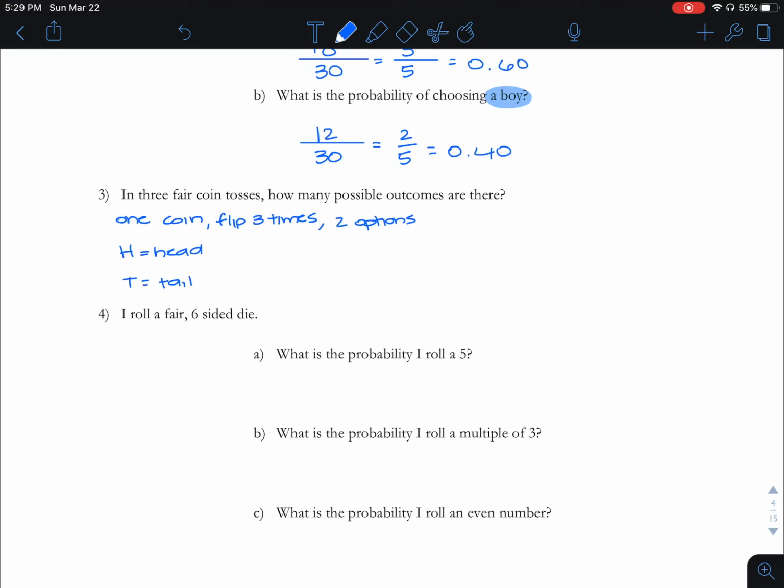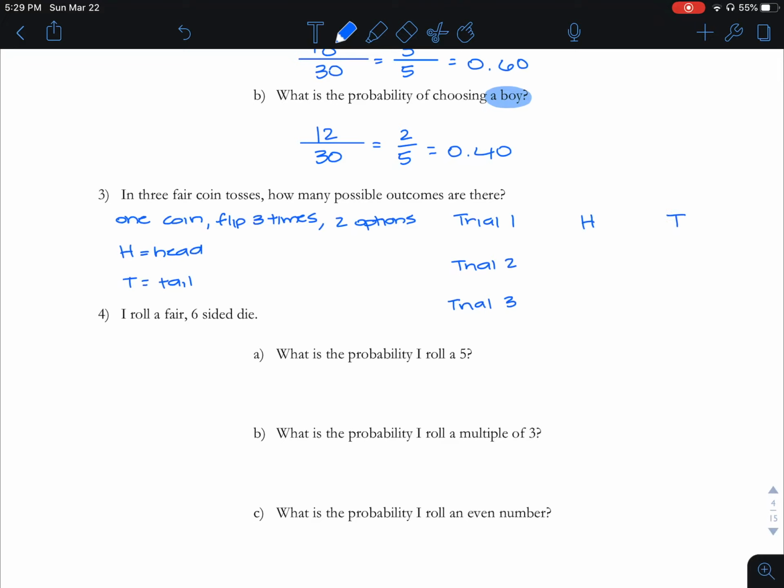Let's make a little chart here. I have trial 1, trial 2, and trial 3. My first trial is I flip the coin once. I either can get heads or tails.